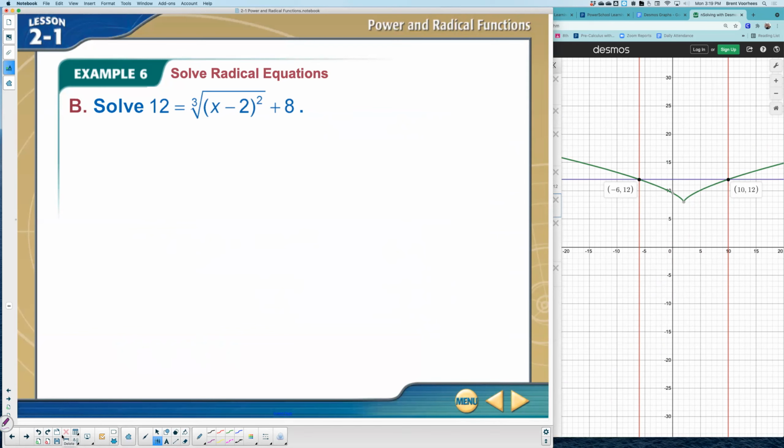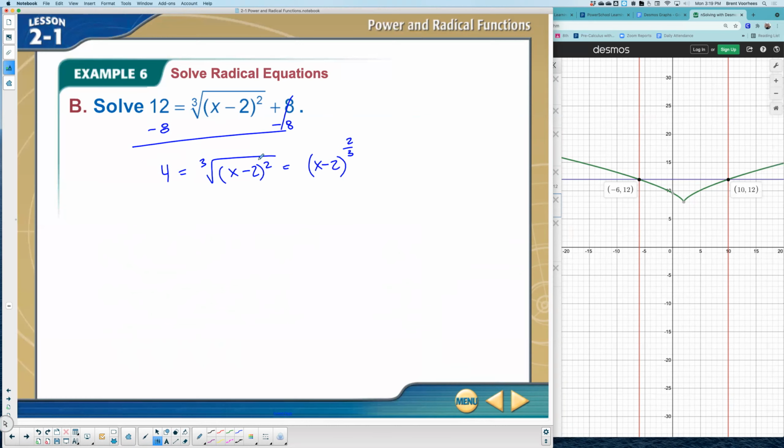with the algebra now. If you want to see the algebra, I would try to isolate this x. So I'm going to subtract 8 to begin the problem. And so I'll have 4 equals the third root of x minus 2 quantity squared, which is the same thing as another way of writing this: x minus 2 to the power of 2/3, 2 divided by 3.